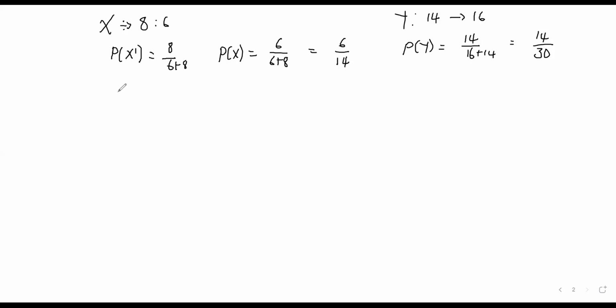Now we're looking for the probability that, if they don't work together, at least one of them will solve the problem.